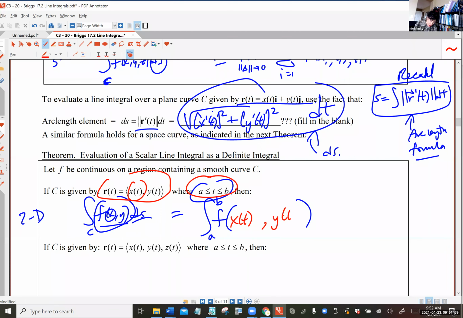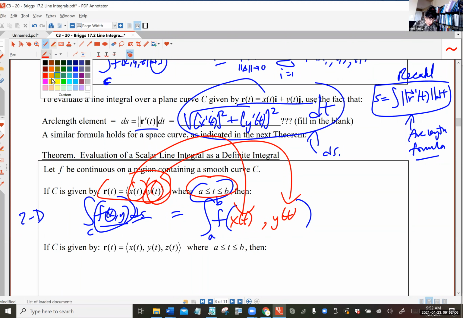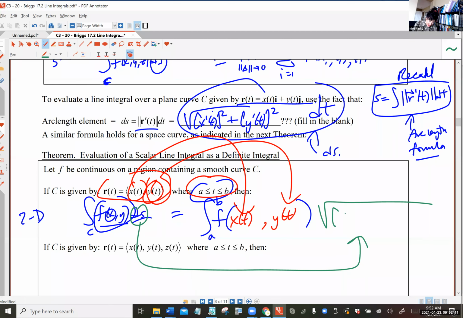And then you substitute the y of t in place of any y's that you see in your density function. And then the arc length element, and this is important, is going to involve that nasty square root of the sum of the squares of the components of your derivative function, your velocity vector, essentially. And then you can integrate that if it's integrable. Good luck. Because sometimes having that nasty radical in there might make it not integrable, and you'll have to whip out your graphing calculator to do it.